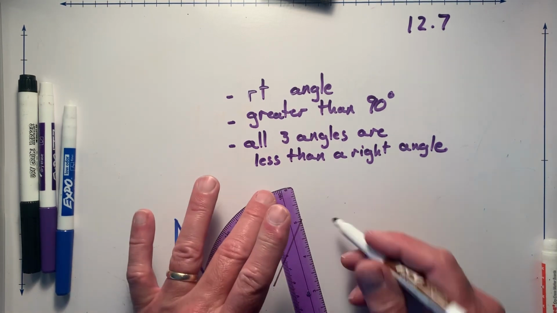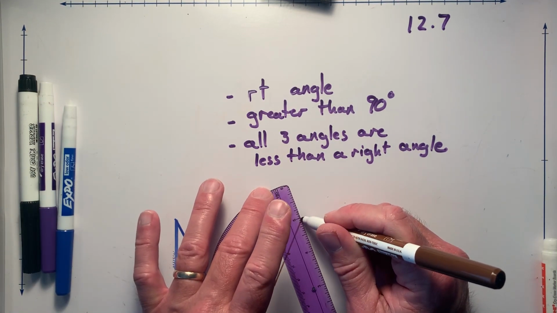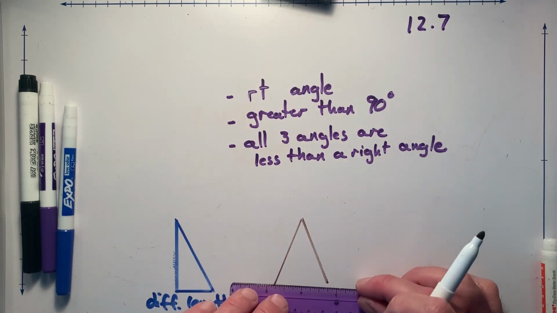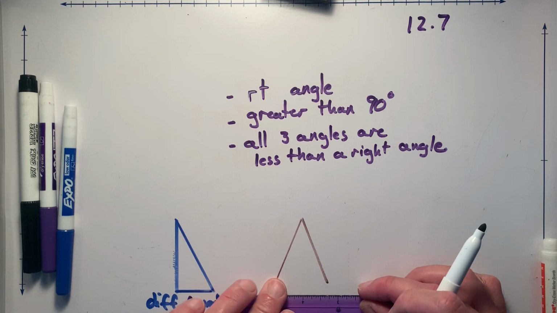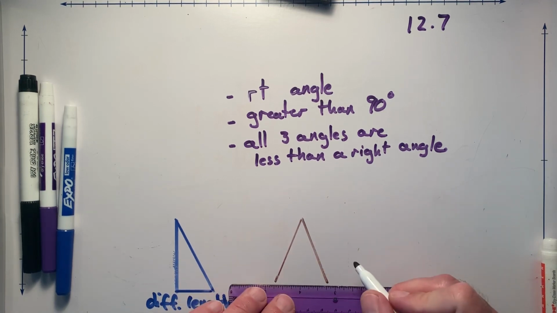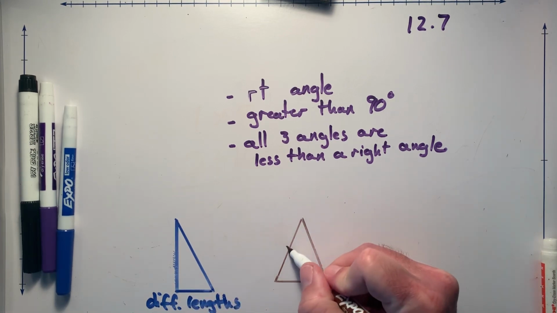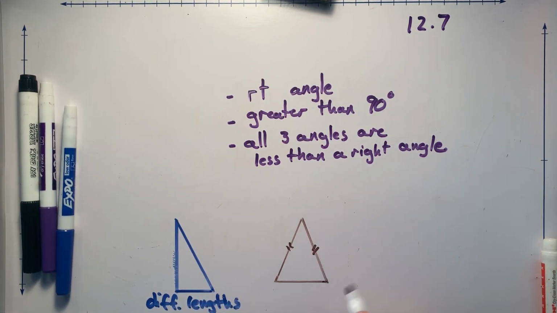And I'm going to make this one 2 inches as well. 1, 2. And then I'm going to put them together down here. I'm going to actually mark it with geometry marks. That is to show you that these 2 lines are the exact same length.